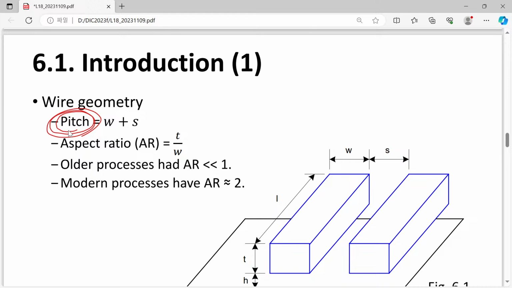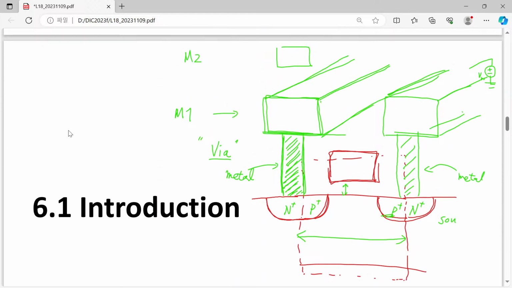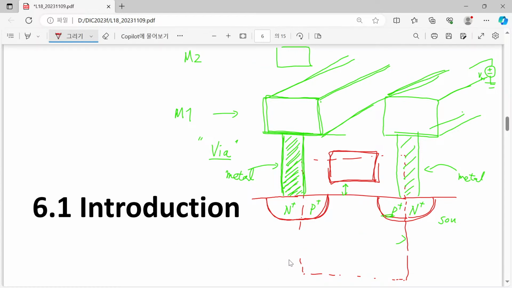Even in our transistor, we have something called pitch. So let me first consider this CPP concept.